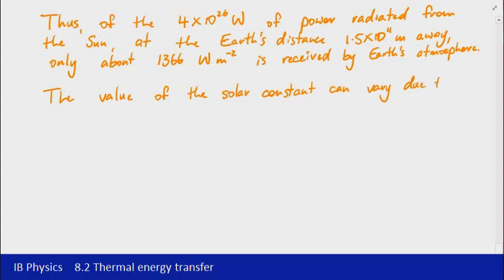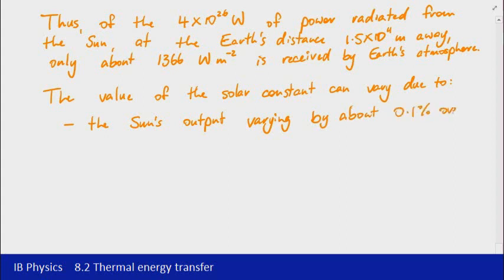And the first one is the fact that the sun's output is not necessarily constant. And so the reason for that is one of the cycles in the sun being its sunspots. So the output of the sun can vary by about 0.1% over its 11-year sunspot cycle.